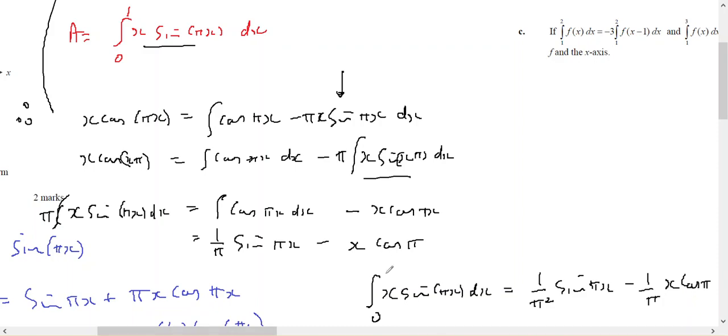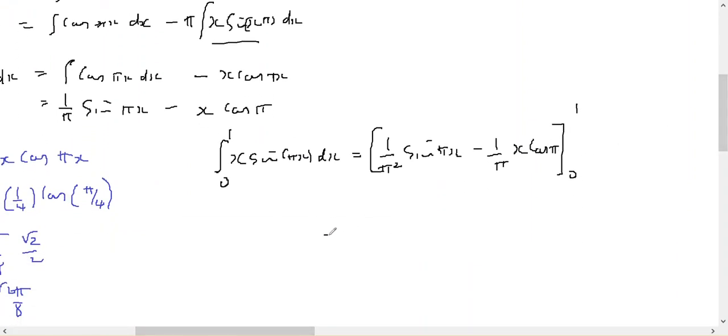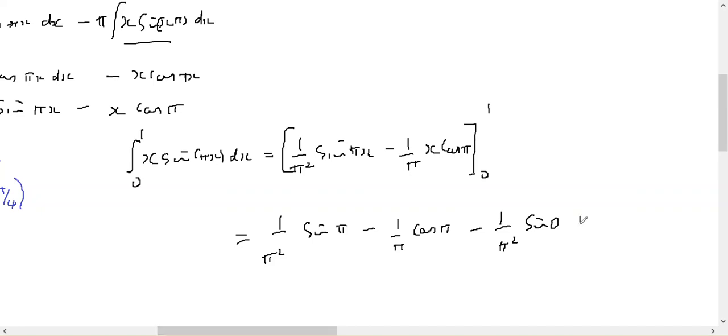And if I'm going from 0 to 1, then I can put square brackets around that and go from 0 to 1 and find out the exact area. So it's going to be 1 on pi squared sine of pi minus 1 on pi, 1 times the cos of pi, minus 1 on pi squared the sine of 0, plus 1 on pi, 0 times the cos of 0.